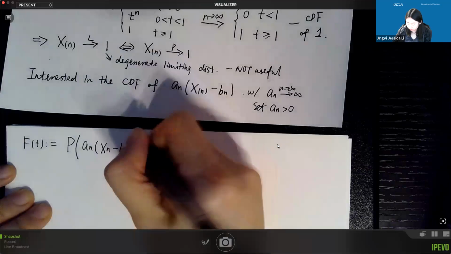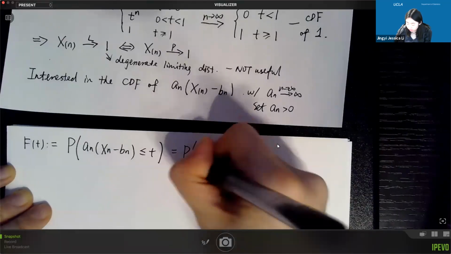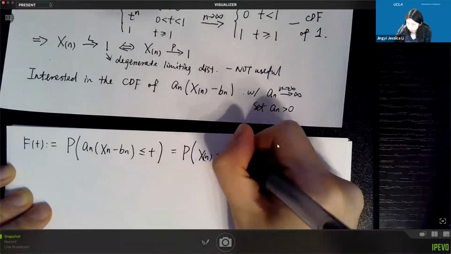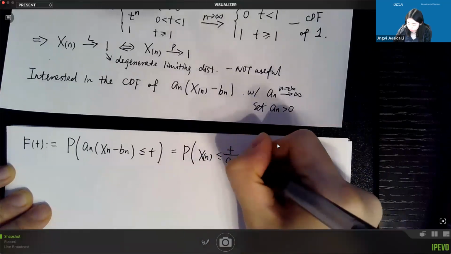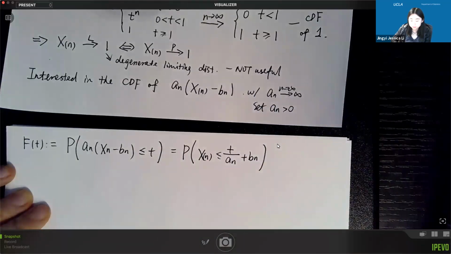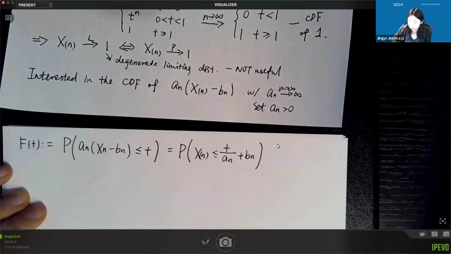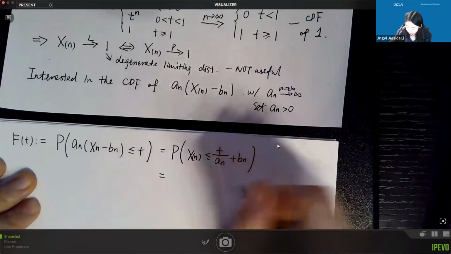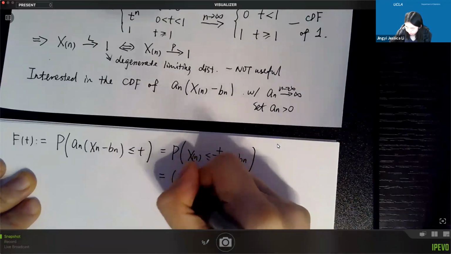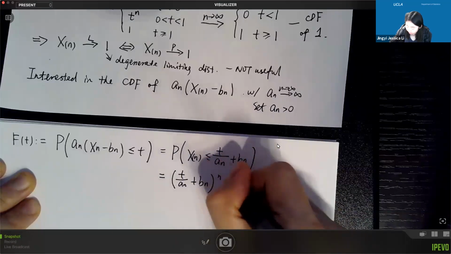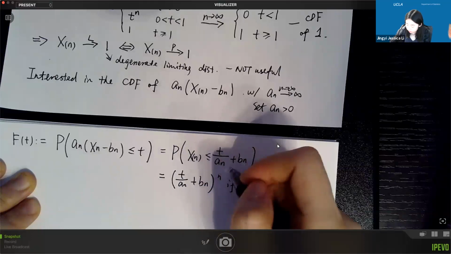So this becomes the probability that the maximum Xn is less or equal than t over An plus Bn. Okay, and then by the same argument, we derived that already, right? So this is actually t over An plus Bn, to the power n, if this thing is between 0 and 1.